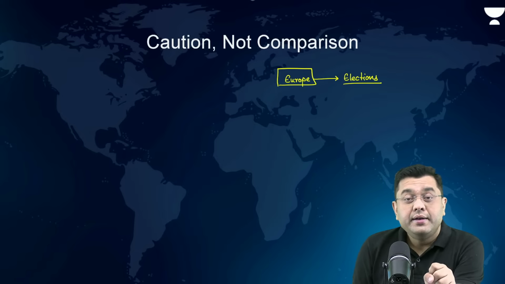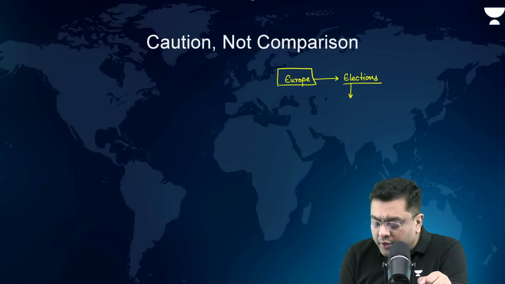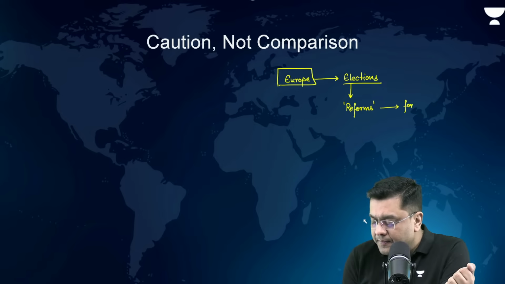Now, the people who were elected to power, after that, they carried out the so-called reforms. Reforms in order to ensure better power distribution and faster action. Right? So, reforms for faster action.